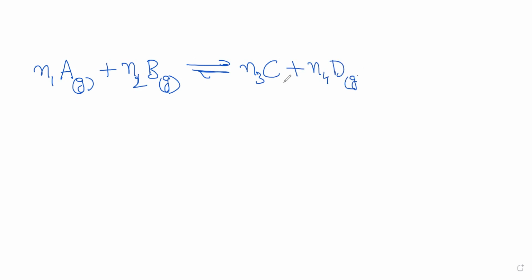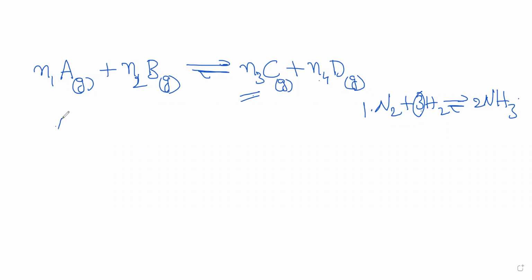All are gases here. What are N1 and N2? Take an example like N2 plus 3H2 gives 2NH3. The coefficients are stoichiometric coefficients. The coefficient is 1 for nitrogen and 3 for hydrogen, which means 1 mole of nitrogen and 3 moles of hydrogen are taken. Here N3 is the number of moles of C and N4 is the number of moles of D.